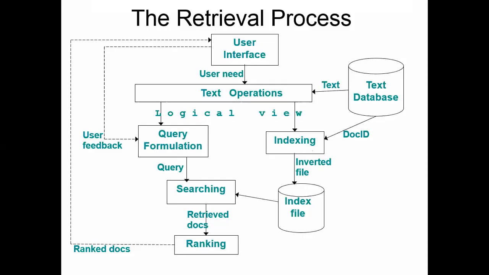So finally it is identifying relevant documents from the index file that are satisfying the user's information need. But after searching and identifying relevant documents, they are not just listed. The relevant documents are listed in ranked order. The first document is more relevant than other relevant documents.